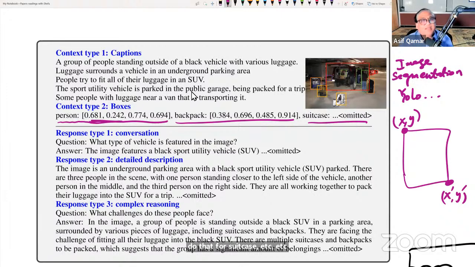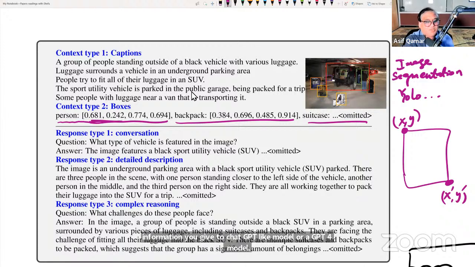So now already you know that a lot more is happening here, isn't it? You are giving the caption. You are also giving the bounding boxes. Now, suppose this information you give to a ChatGPT-like model or a GPT-4 model, what will happen?